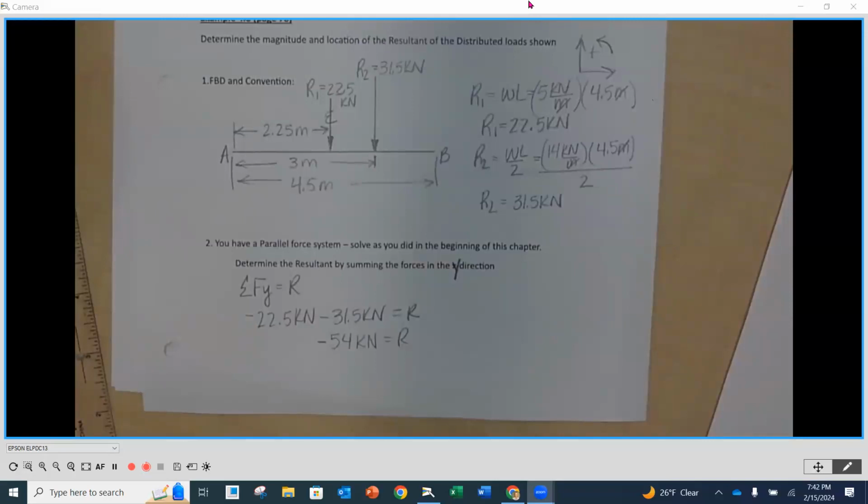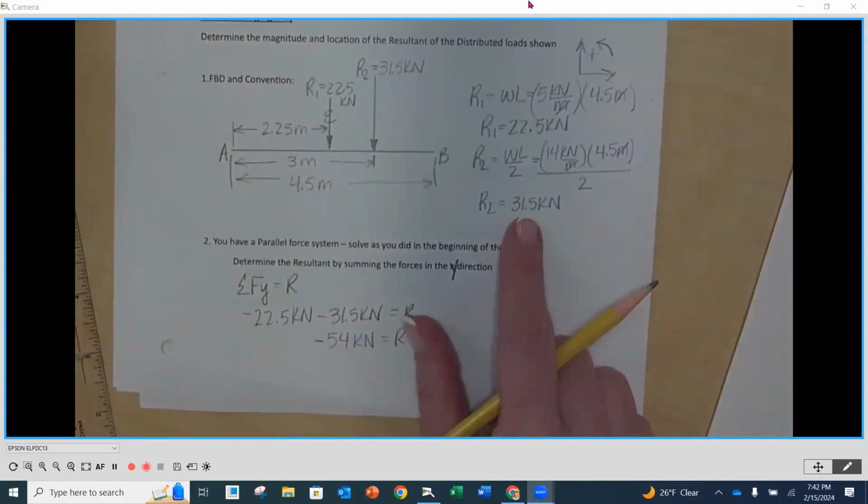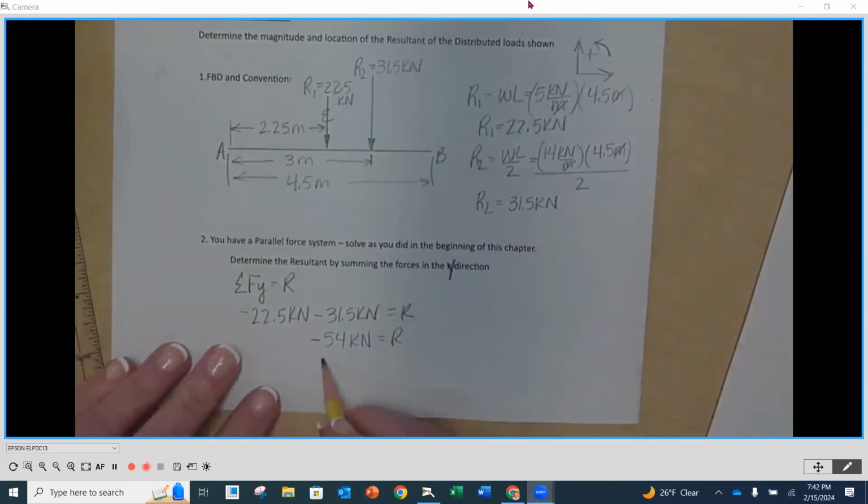Really? But it's a minus 31.5. Yep, 31.5. Right. Okay. There we go. Now that's the resultant. So now we have to determine where we are going to locate that resultant, right?